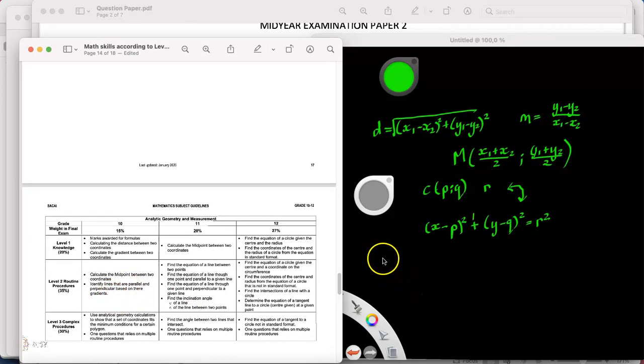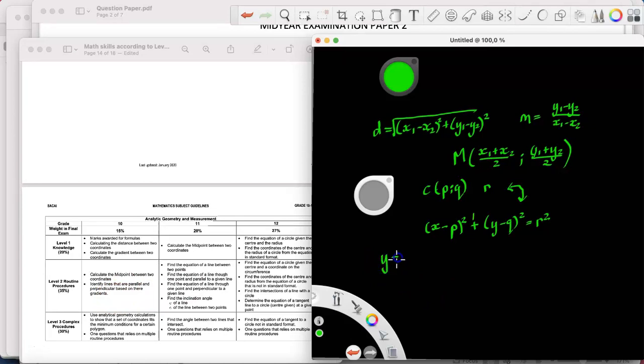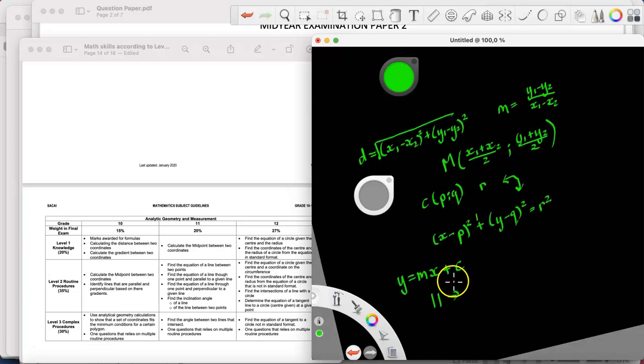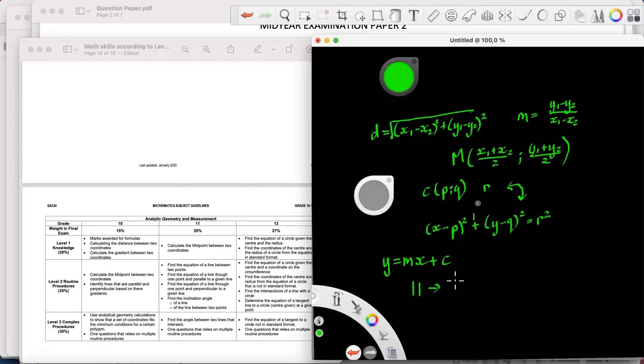So you should know the equation of a line: y is equal to mx plus c. For parallel lines, if two lines are parallel, it would mean that the gradients are equal. Gradient 1 is equal to gradient 2.